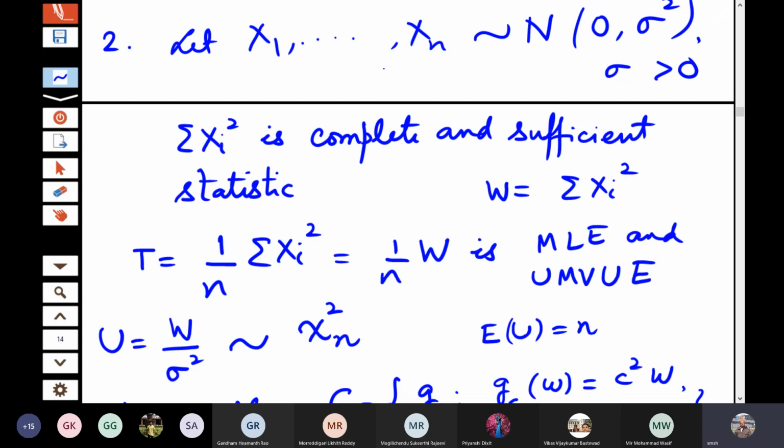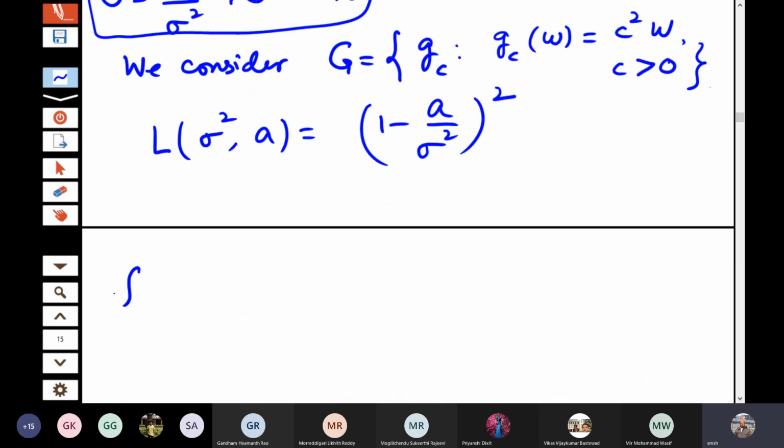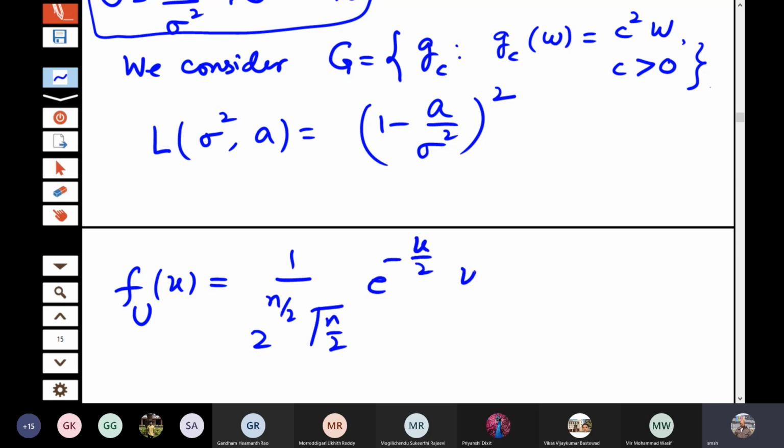The sum of the squares becomes chi-square on n degrees of freedom. That is the statement I have written here. Let us write it in backward fashion so you can understand the process of writing down the densities. So this is 1 over 2 to the power n by 2 gamma n by 2, e to the power minus u by 2, u to the power n by 2 minus 1. That is the distribution of U.